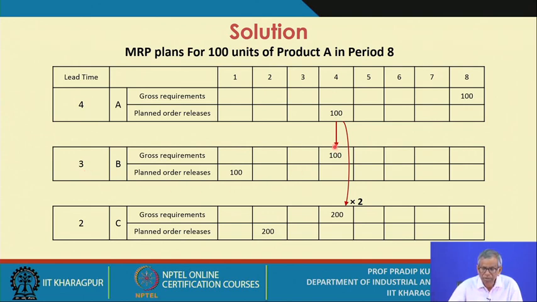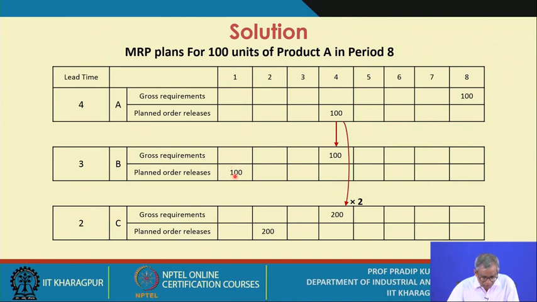So if you want 100 units of B on week 4, but for this item you have a lead time of 3 weeks, you backtrack.